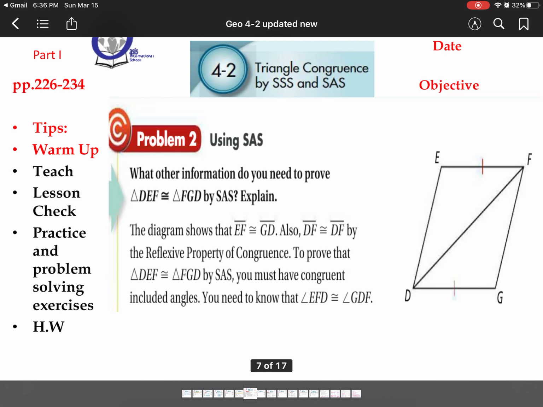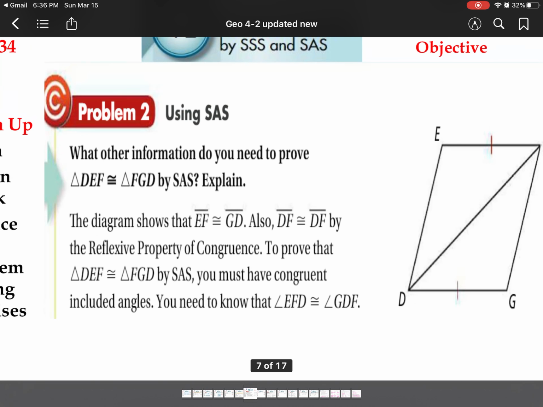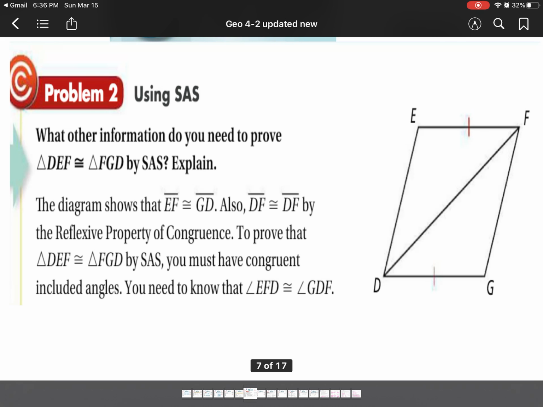Let's see. He's telling me in problem number 2, what other information do you need to prove that the triangle DEF is congruent to the triangle FGD by SAS? So he doesn't want SSS, he wants SAS. So my job is to find two pairs of sides and an angle included between them.